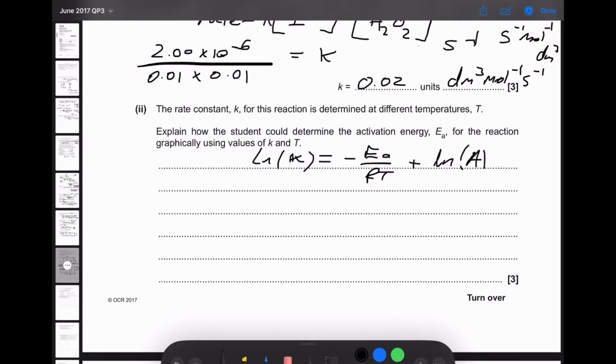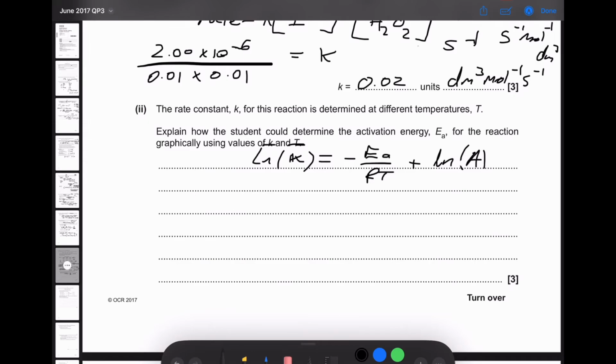There you go. So we are given values of k and we're given values of t. So we can take ln k, log to the base e of k, that's just what ln means, by the way.